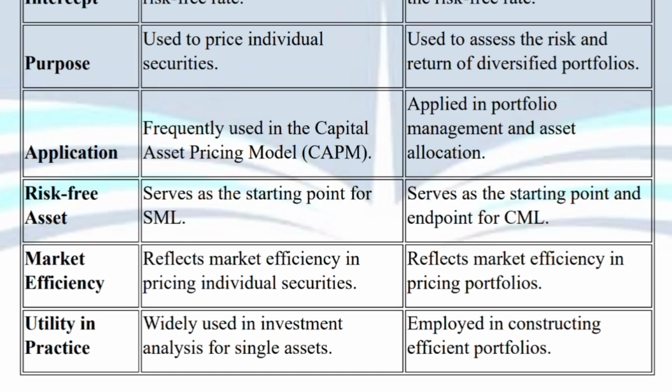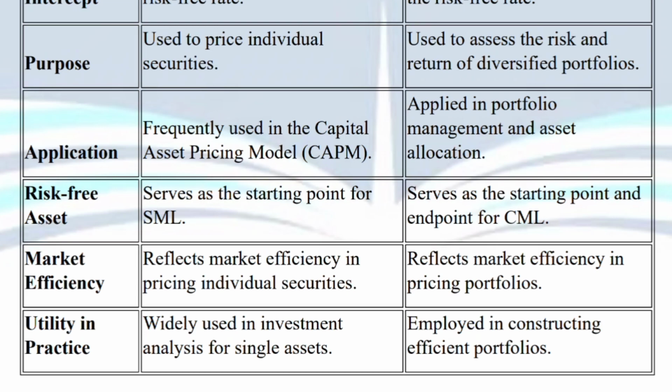And the last but not least difference in these two terms is utility in practice. What is the utility of these two lines? Where are these lines very useful? The security market line is very useful to investors and analysts to evaluate individual securities and make investment decisions, particularly in the CAPM model as well as portfolio management.